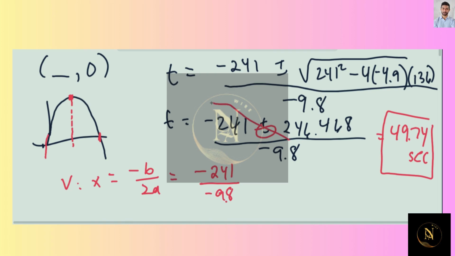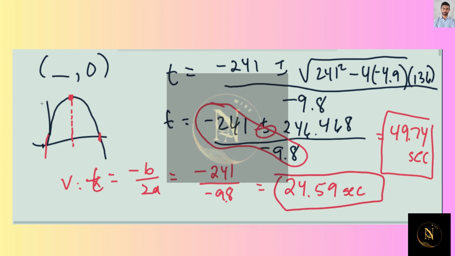If I take the negative 241 divided by the negative 9.8, I end up getting the t value, the time where it's going to be at its maximum, which is roughly 24.59 seconds.